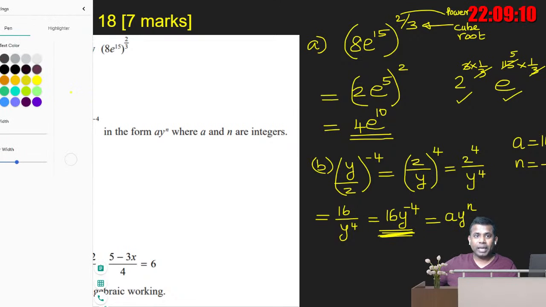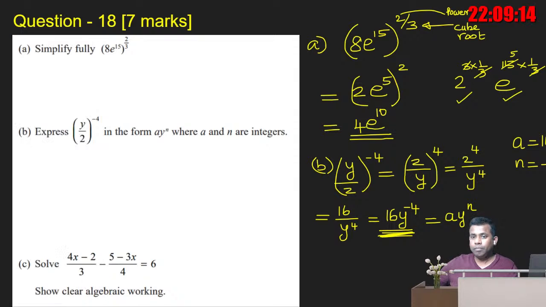Now I don't have enough space, but I'm going to make some white space here to solve this question, right? So (4x minus 2) over 3, that is my next question, minus (5 minus 3x) over 4 equals 6, right?